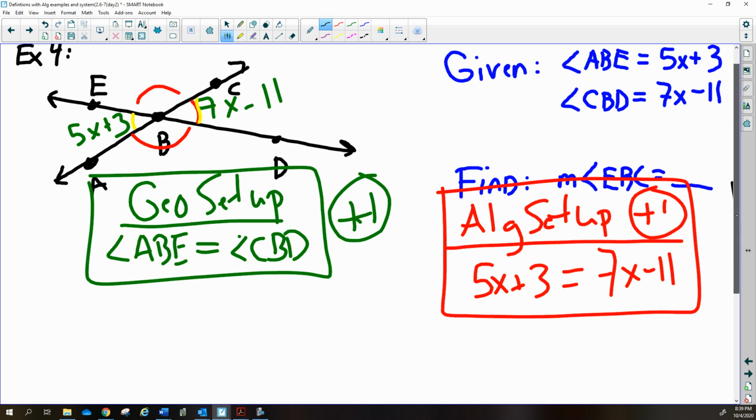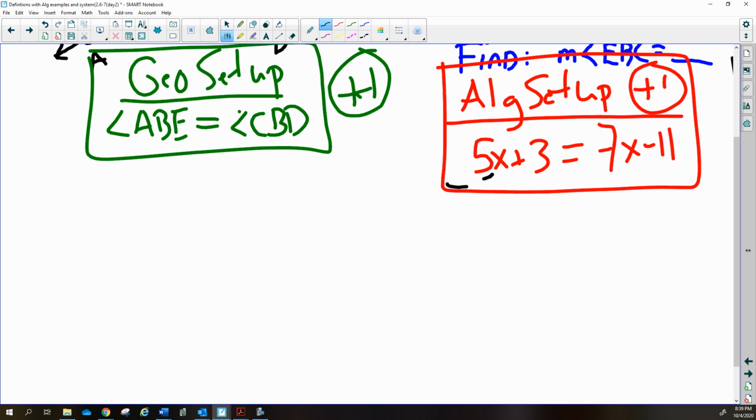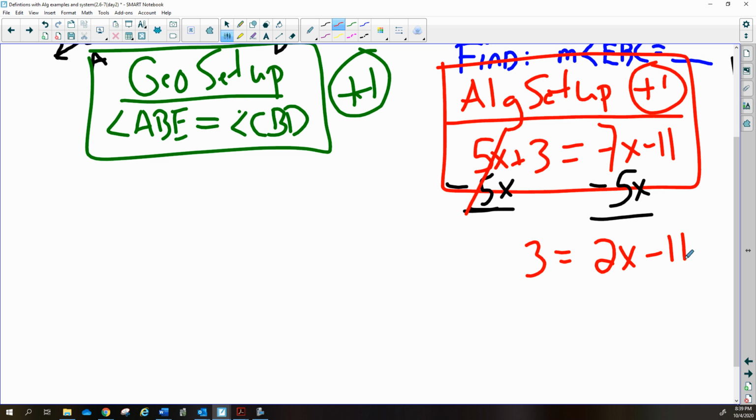As we solve our equation here, we're going to subtract 5x from both sides. That will leave us with 3 on the left, 2x minus 11 on the right.